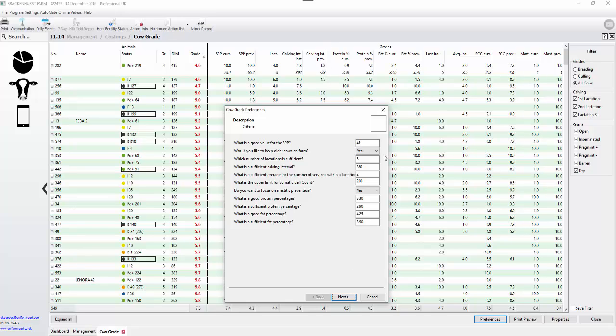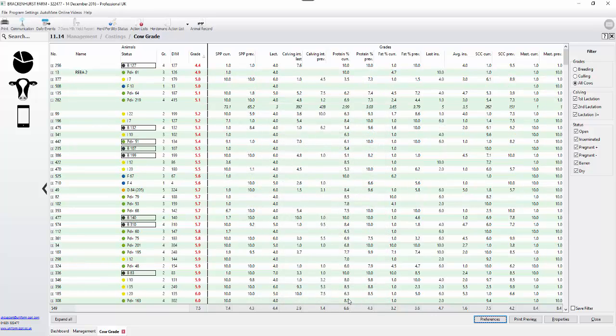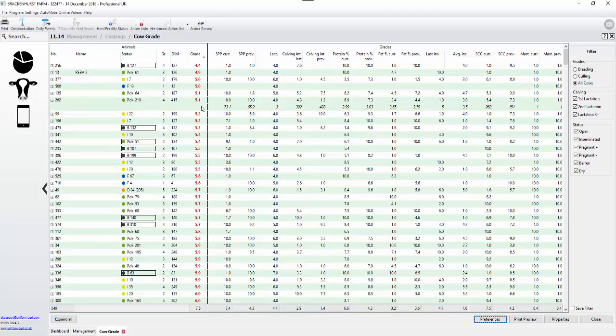So these figures are important that you set them up. But then what you can also do, if we go to next, is you can actually give it a weight, if you like. So what I'll do here is I'll say the most important thing for me is production. So if we go to finish, you'll see automatically it recalculates, but cow number 282 is not now the worst cow, but she's only gone from 4.6 to 5.1.